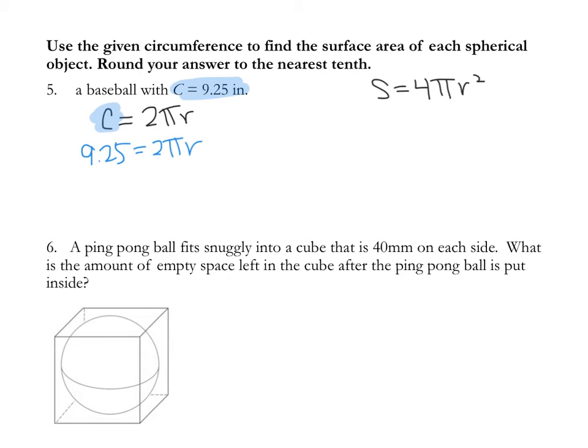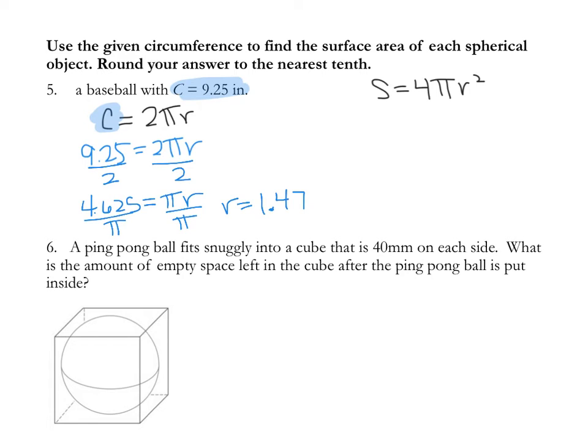And then we have to solve for the radius. First, divide by 2. We get 4.625 is equal to pi r. And then we'll divide by pi. And you get the radius is equal to, rounding to 2 decimal places in the middle of this problem, 1.47.